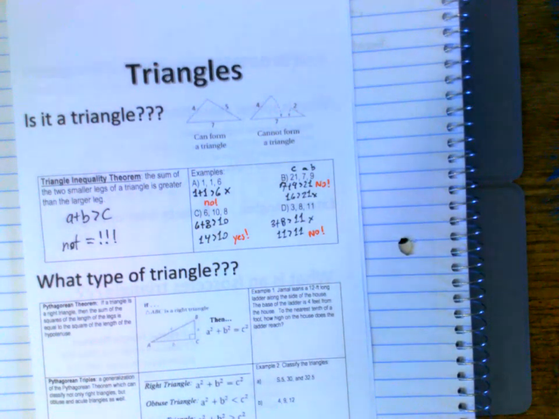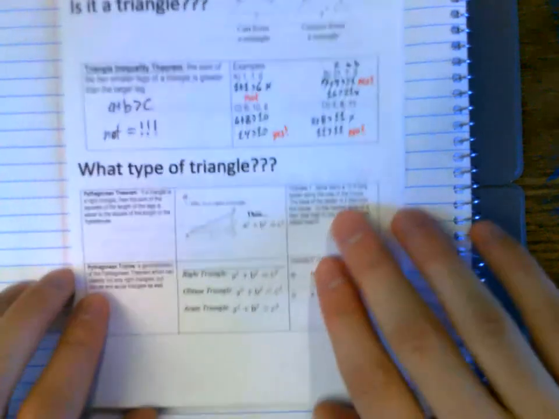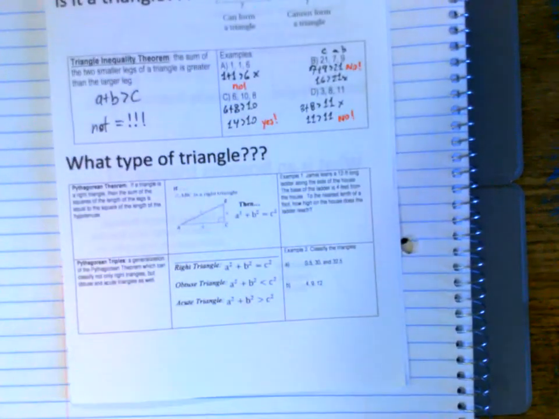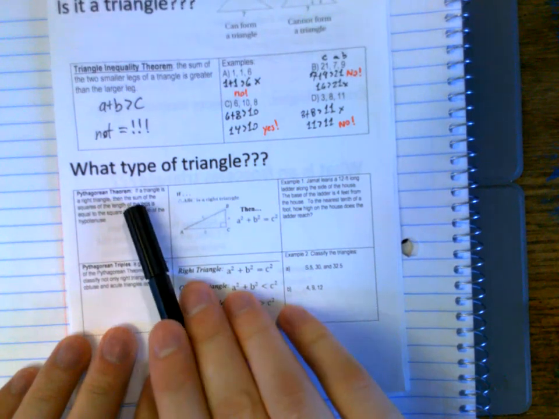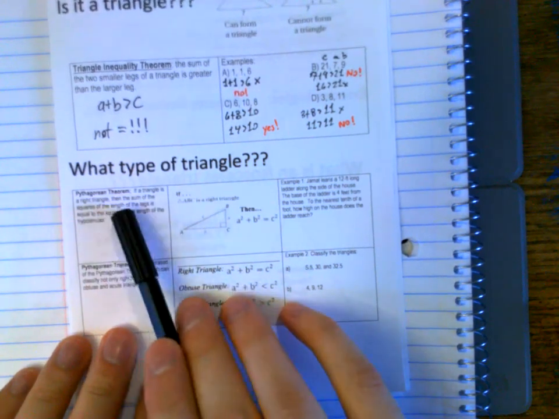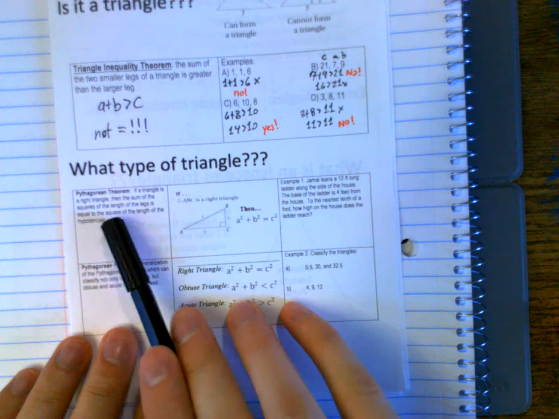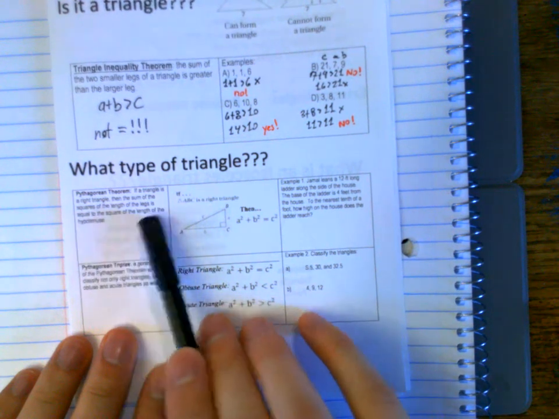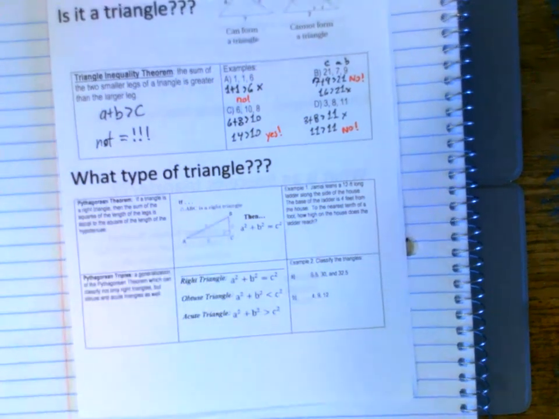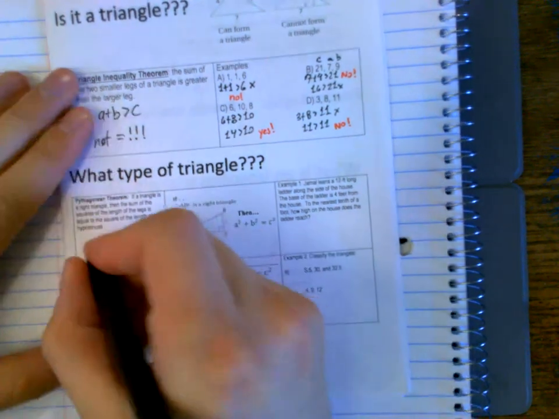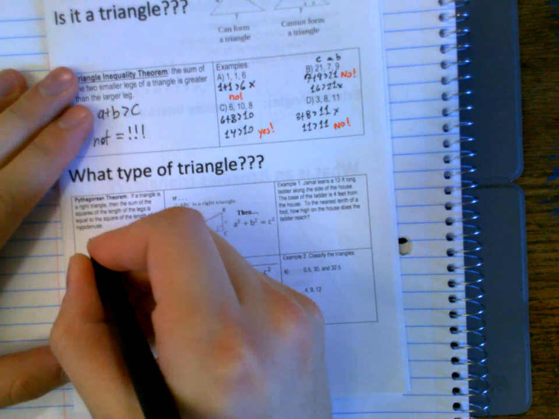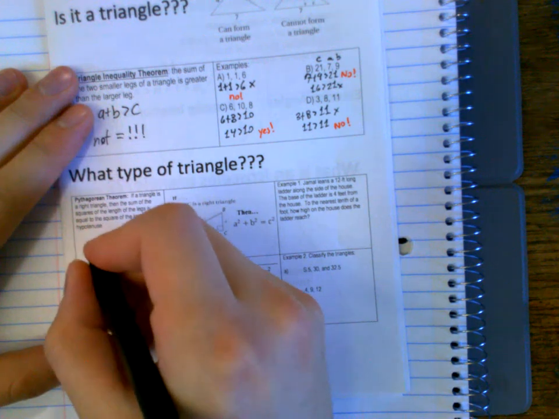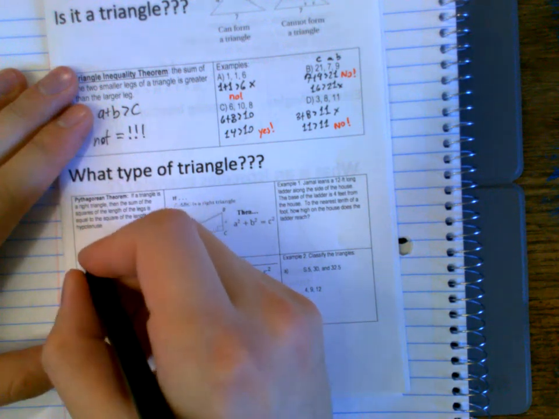All right. So let's talk about down here what type of triangle. All right, we got a few in the past here. So we already know what the Pythagorean theorem is, right? If a triangle is a right triangle, then the sum of the squares of the lengths of the legs is equal to the square of the length of the hypotenuse, right? Which we all know that formula as, say it with me, a squared plus b squared equals c squared.